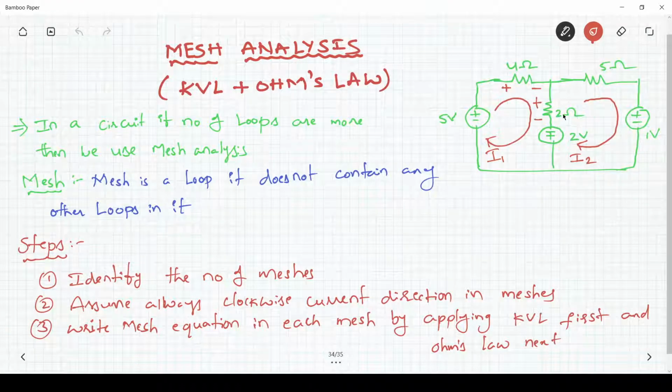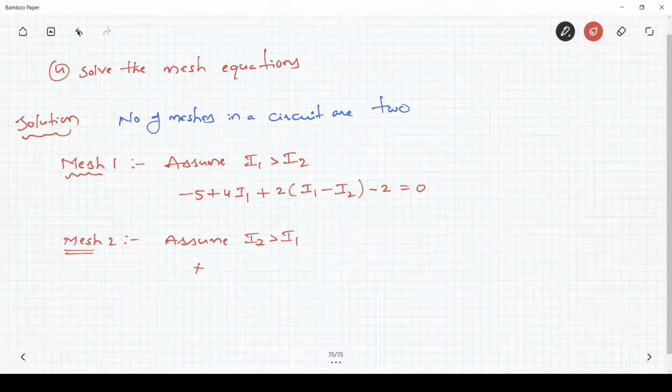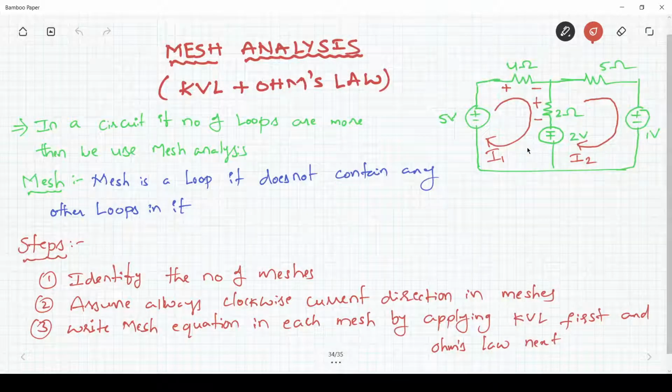Let us suppose this current I2 is coming towards the 2 volt source and touching the positive terminal of the supply. So I can write plus 2. Now move along the current direction.